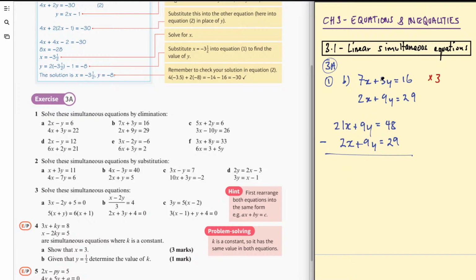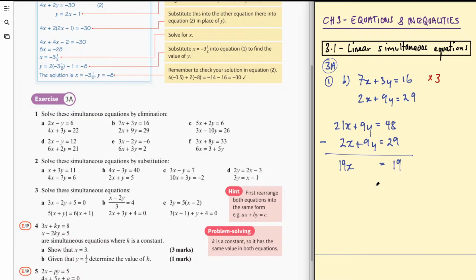One way to remember whether to subtract or add, if you have trouble with that, is to look at the signs of the coefficients. If they're the same, you subtract: same sign subtract. If they're different, you add: different signs add. Anyways, subtracting these two equations, 21x take 2x is 19x, 9y take 9y is 0, 48 take 29 is 19.